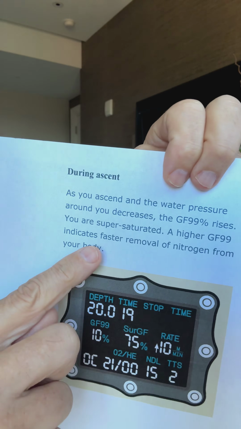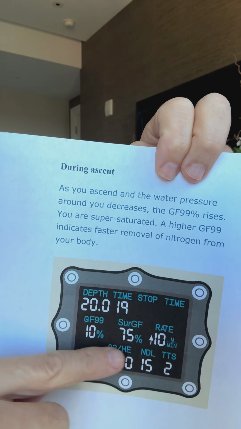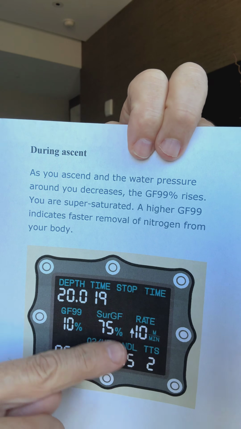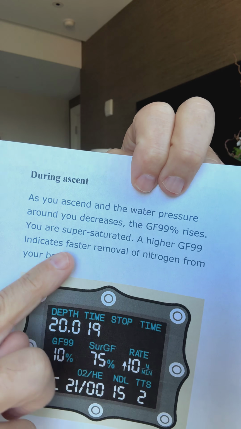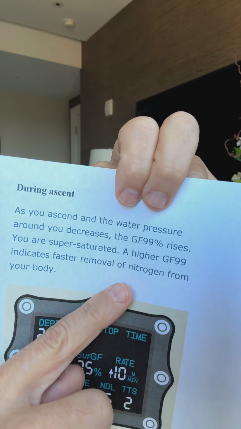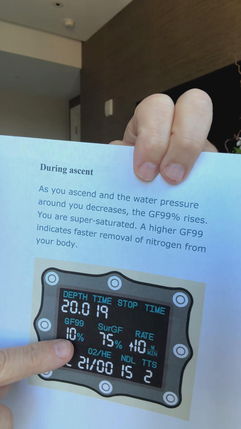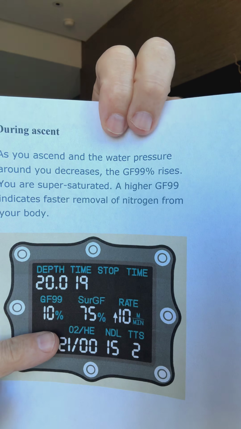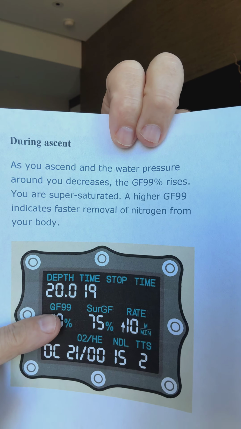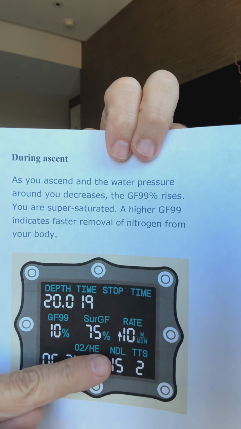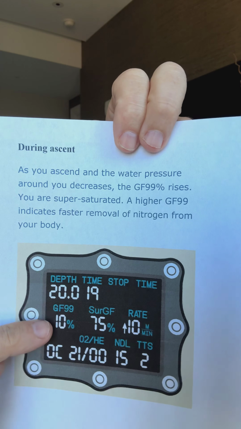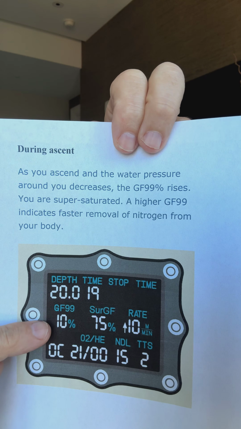A higher gradient factor 99 indicates that, and you know you are because of your surface gradient factor. A higher gradient factor 99 means faster removal of nitrogen from your body. So the more this rises as you go up, the faster the removal of nitrogen from your body. It's like a gradient factor speedometer.